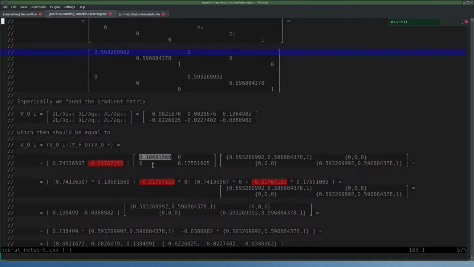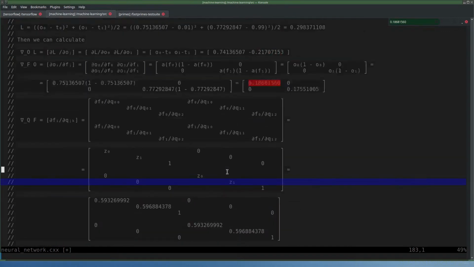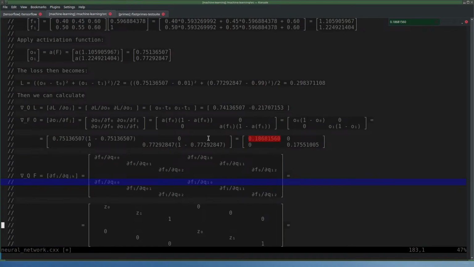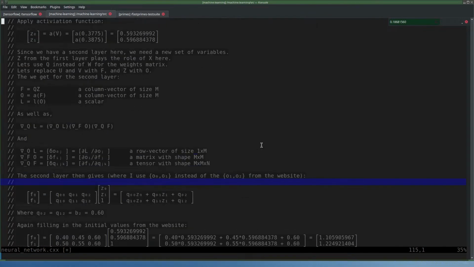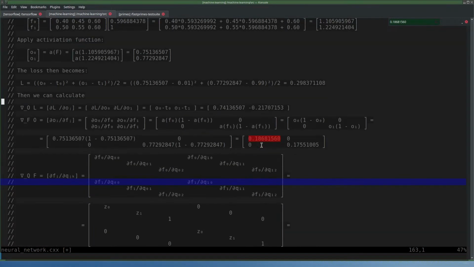And this value comes from, would be that value. Yeah. That comes from this. Okay, that's the value of the derivative of the activation function at that point.